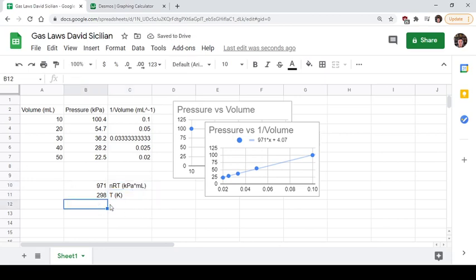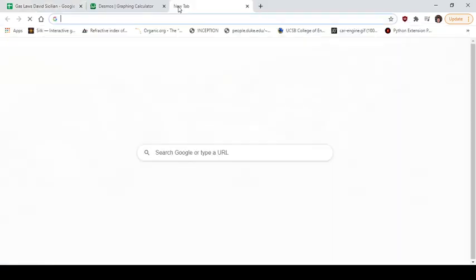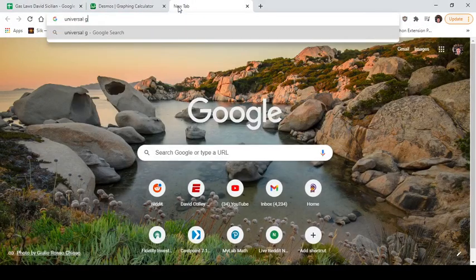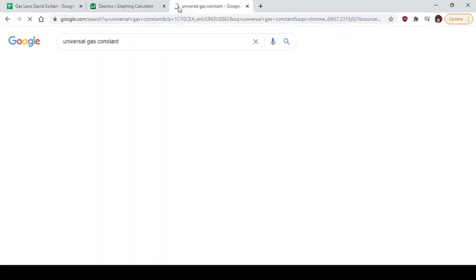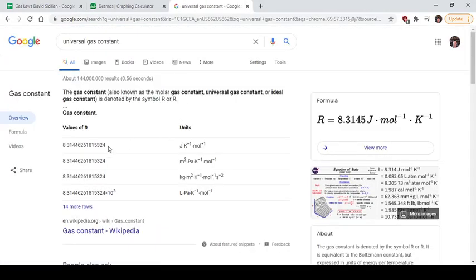Okay. And then the universal gas constant, so let's Google what that is really quick. Universal gas constant. It's 8.31 here given in SI units. So it's 8.31 joules per degree Kelvin per mole.